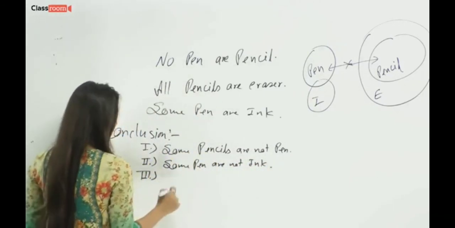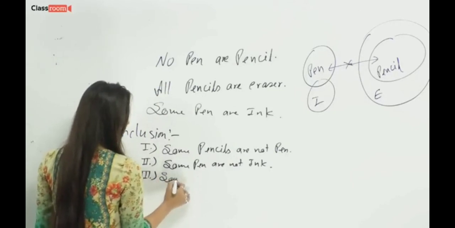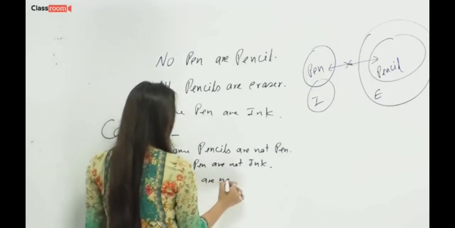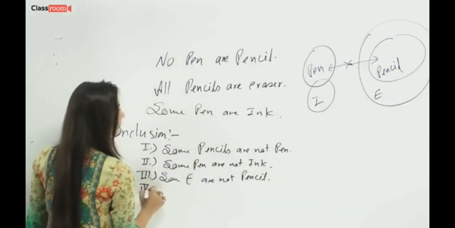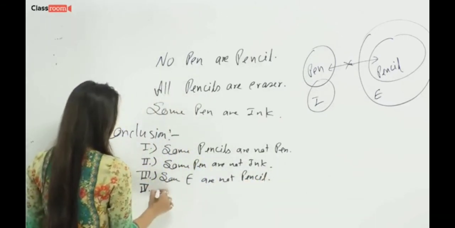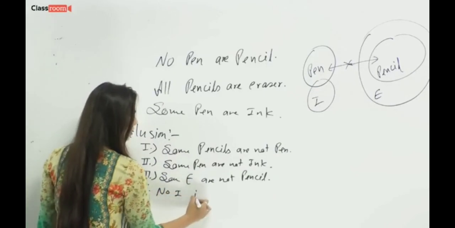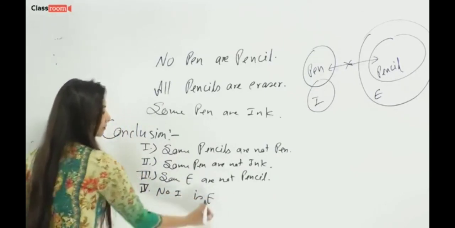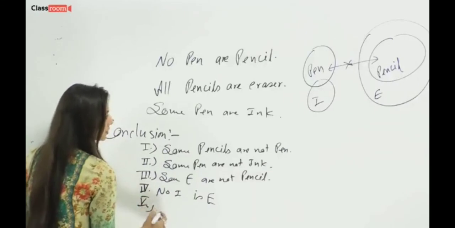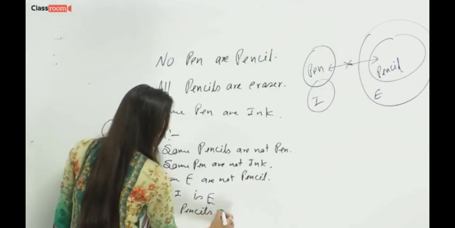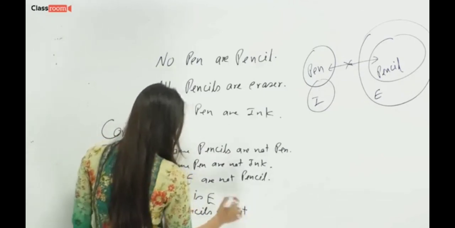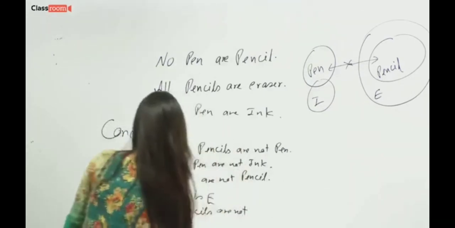Third one is some eraser are not pencil. Fourth is no ink is eraser. And fifth is some pencils are not... Okay, I have given this thing already, so no need to write it.